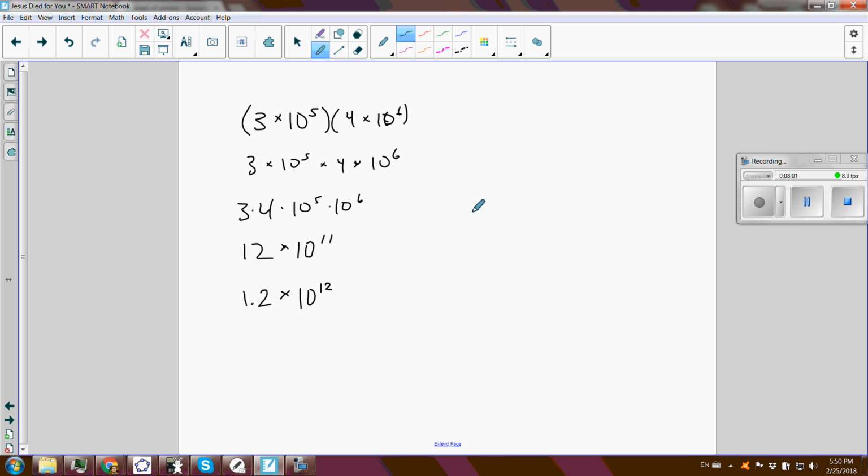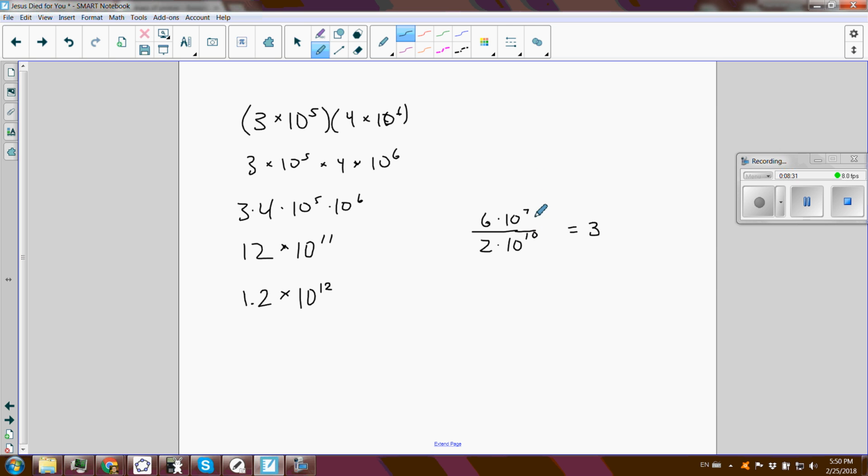Now, suppose we divide 6 times 10 to the 7th by 2 times 10 to the 10th. Well, 6 divided by 2 is 3. Then 10 to the 7th divided by 10 to the 10th.